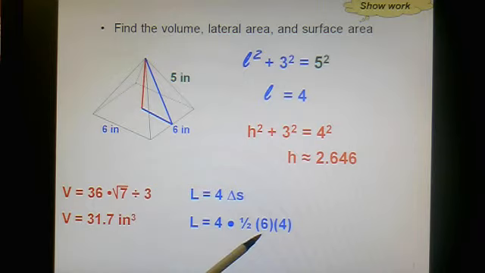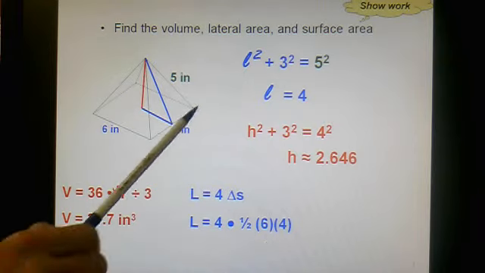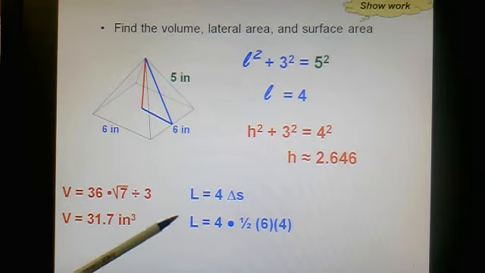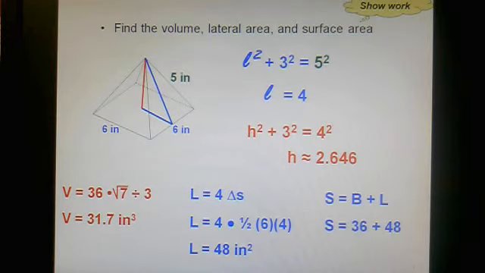The area of each triangle, this is where you needed that slant height of 4. It's 6 wide, 4 high. You divide it by 2, and then multiply it by 4 because there's 4 triangles. So you should end up with 48. Add the 36 from the bottom, and you get a total surface area of 84.